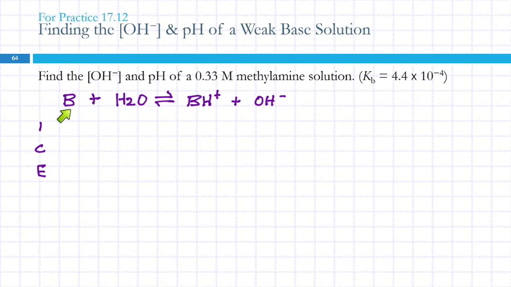What's our concentration of the base? 0.33. We don't care about the water because it's a liquid. It doesn't show up in the equation. Initial concentration of BH plus, 0. And hydroxide ion? 0, essentially 0.